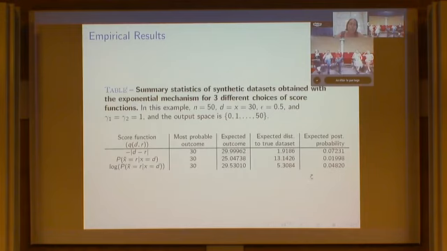And here's the expected distance to the true data set. We find that if I just use the posterior predictive probabilities, I have a pretty high expected distance to the true data set, which is why I started looking at this log. In my exponential mechanism, I take the exponent of that score function, and I thought maybe I should take the log, so I go back to sampling proportionally to the posterior predictive probabilities.